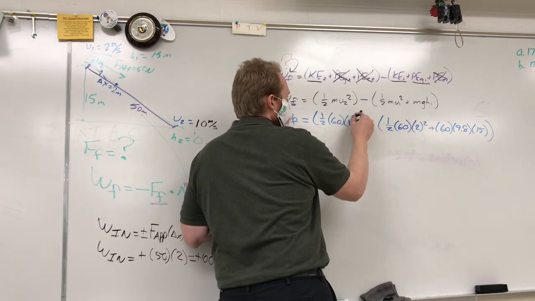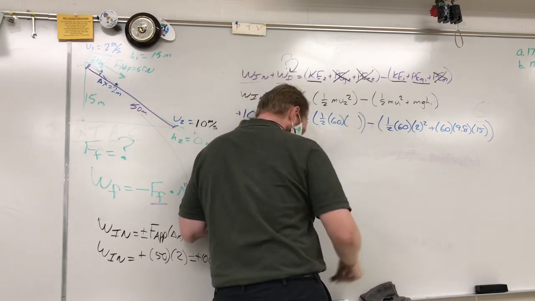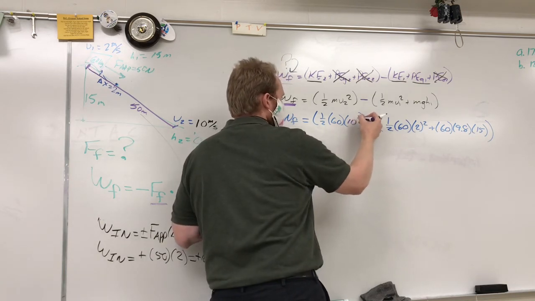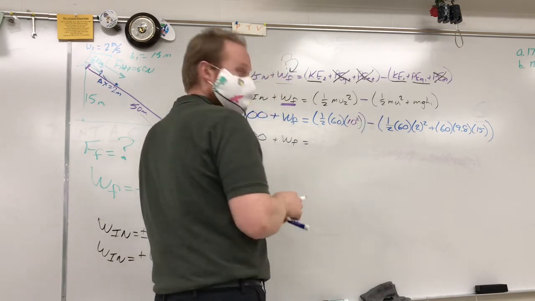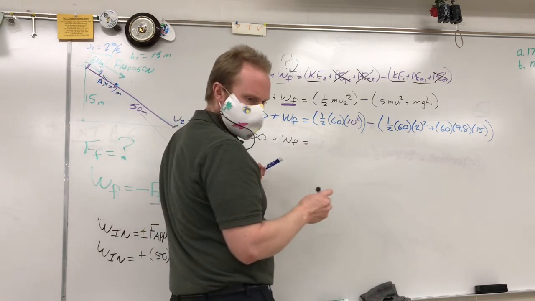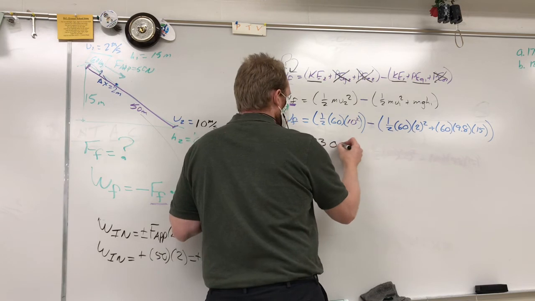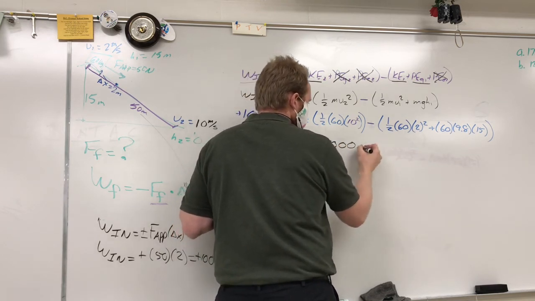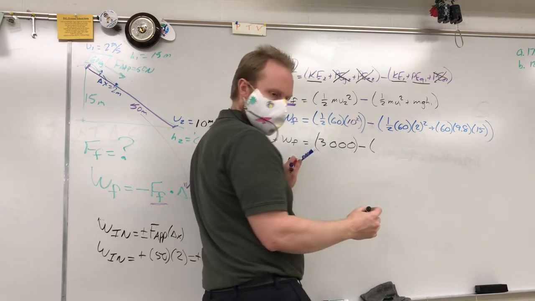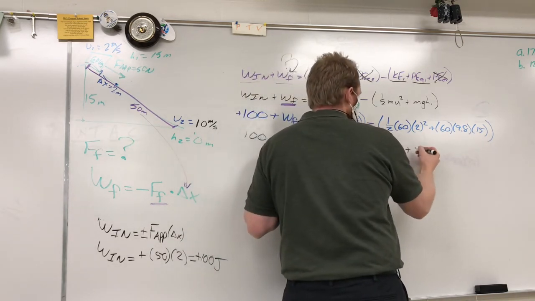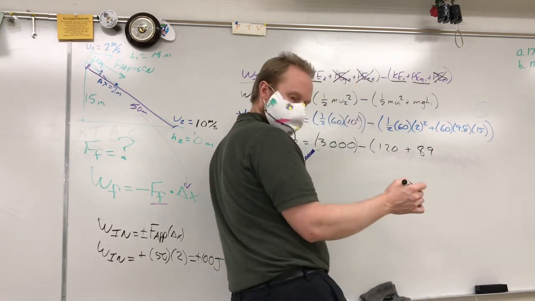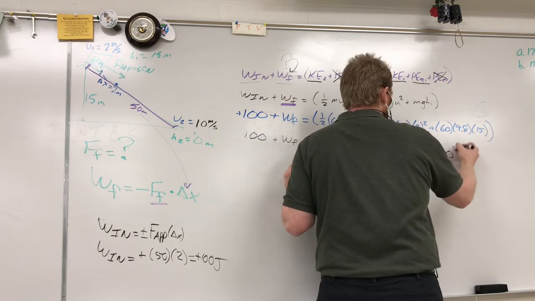V2, I know V2 this time because Frank was driving by, this is 10 squared. Sorry about that. So 1/2 times 60 times 10 squared is 3,000, minus, parentheses, 120 plus 8940.